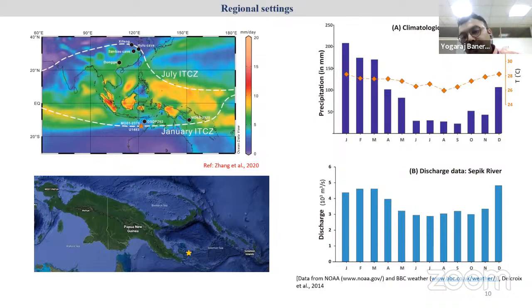And the bottom panel is the river discharge data from the Sepik River, and it shows that the river discharge is higher from December or January till March or April as compared to the other months of the year. So the rainfall data and river discharge data closely mimic each other.